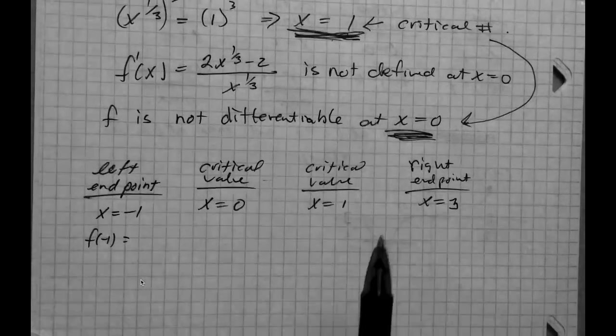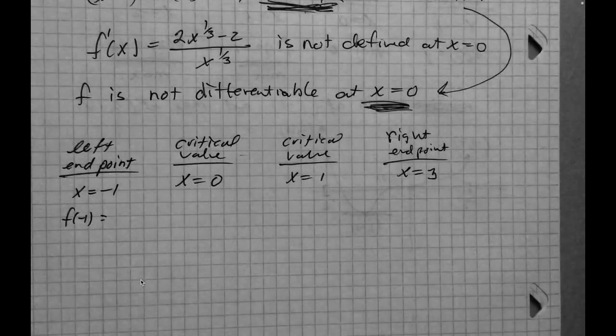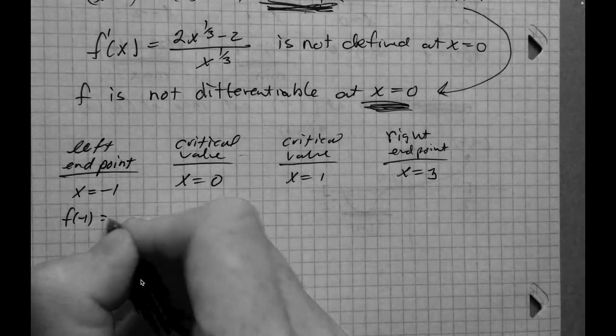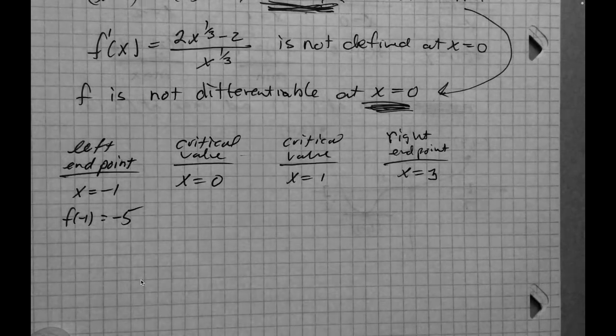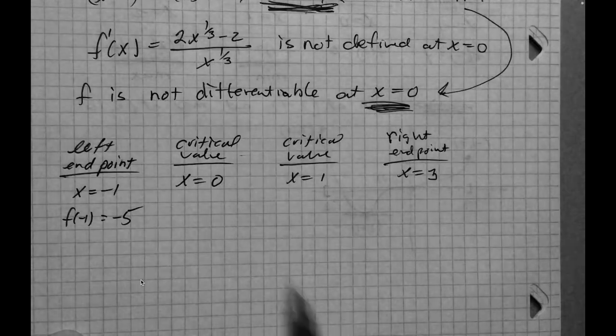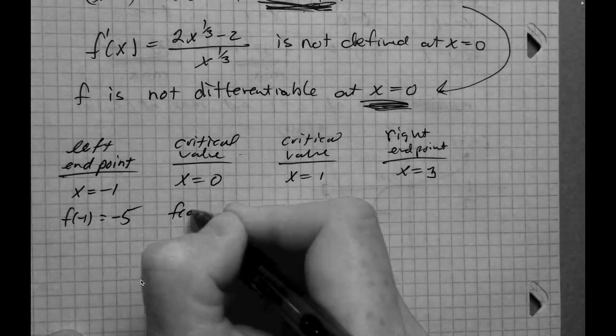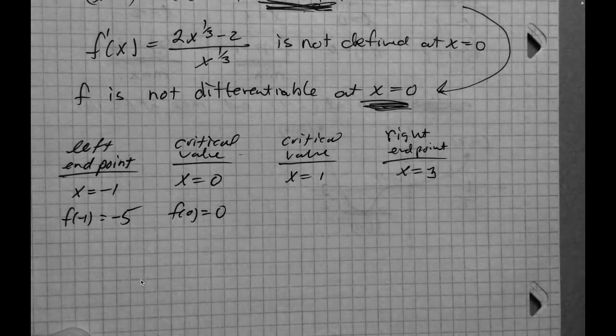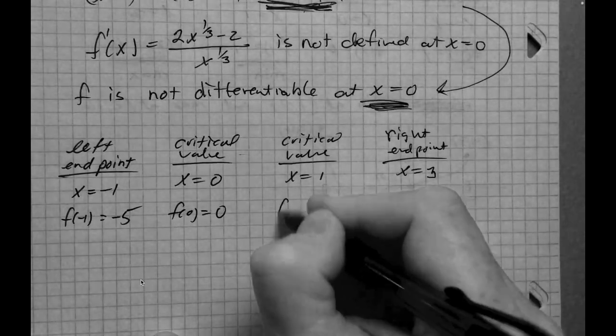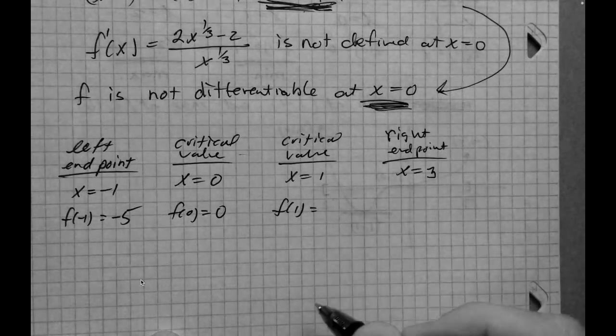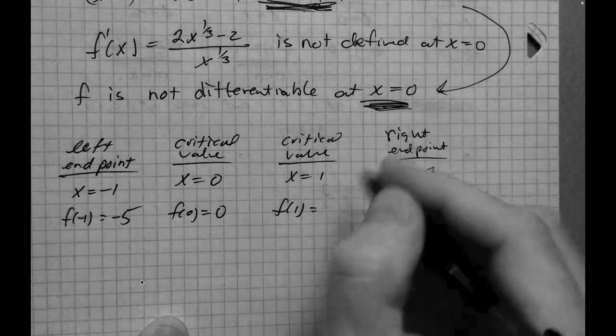And just off to the side, you can evaluate that really quickly. But you get -5 for x equals -1. And then f of 0 gives you 0. f of 1, when you plug 1 in, you get -1.